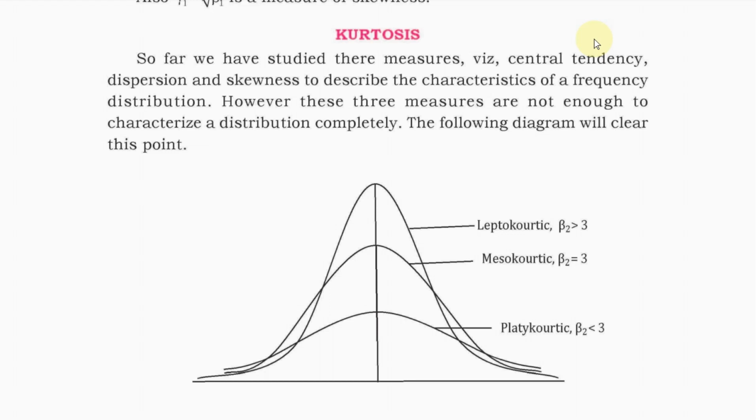Now, if we want to check the structure of the distribution, that is, the distribution of the frequencies across the entire data set, then we go for the measures of skewness.